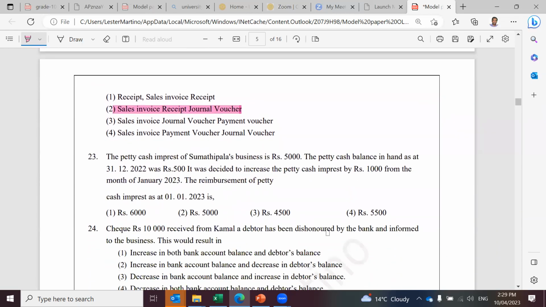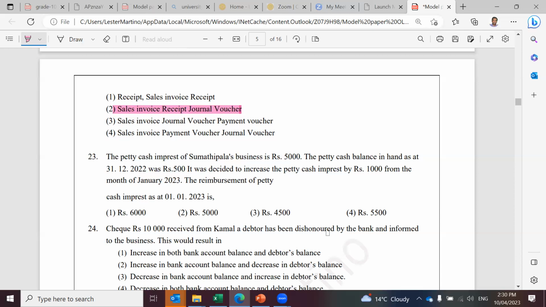Petty cash imprest of Sumati Parlour business is 5,000. Petty cash balance in hand as at 31st December 2022 was rupees 500. It was decided to increase the petty cash imprest by 1,000 from the month of January. The amount of reimbursement of petty cash as at 1st Jan 2023. So the allocation is 5,000 and the money you have is 500.